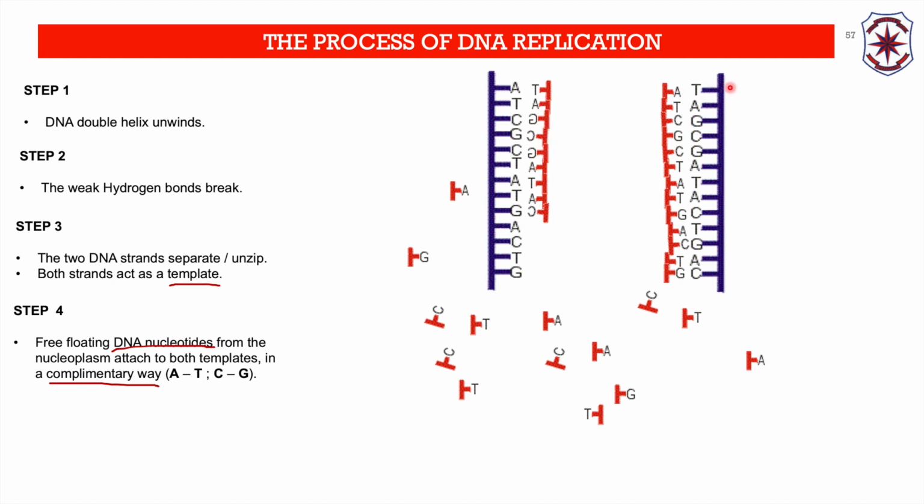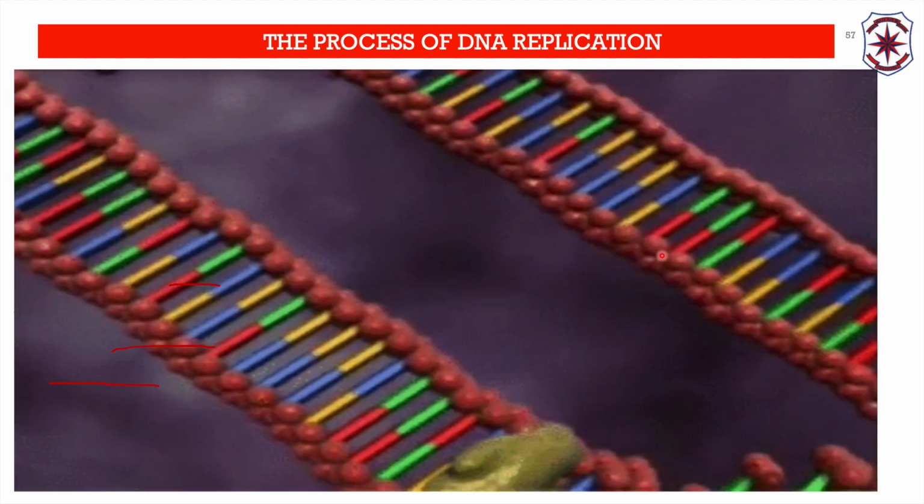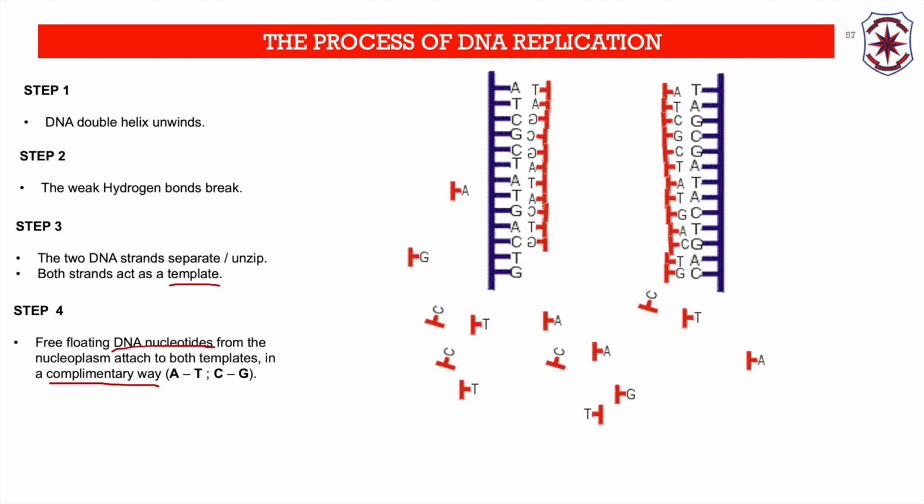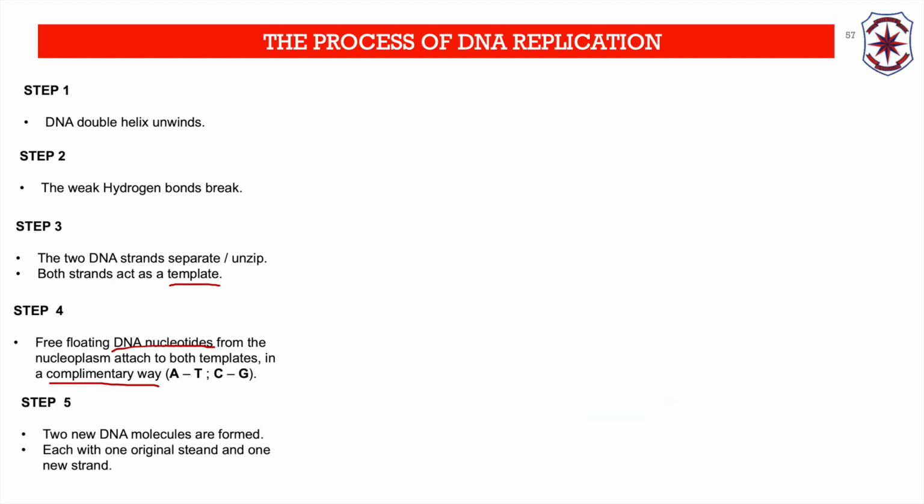As these free-floating DNA nucleotides attach themselves there, they are creating another strand of DNA, as you can see over there. Okay, let us check this video simulation. Nope, let's just skip it. There's another one that I'll show you later on.